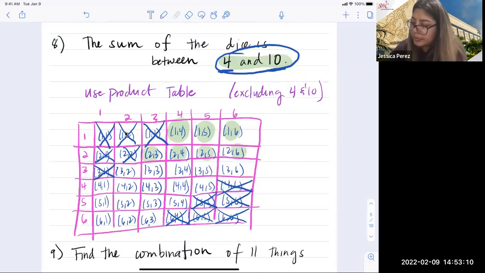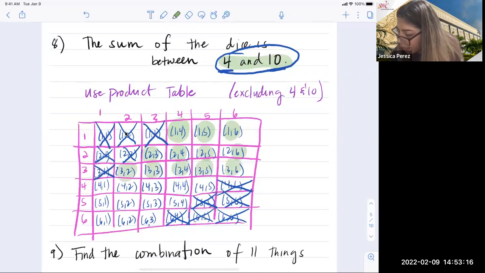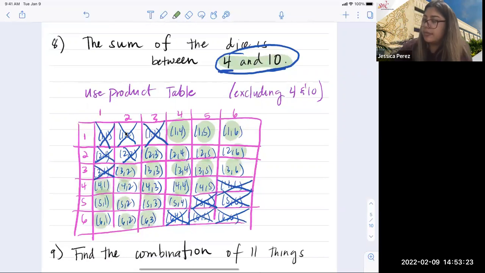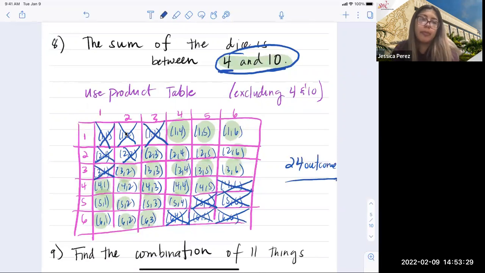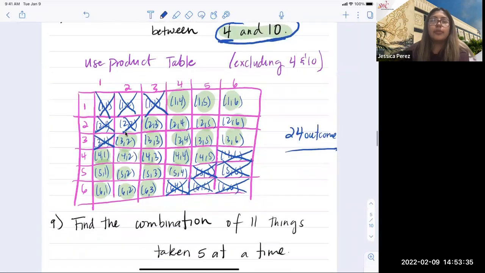We can't pick that one. Counting them up, there are 24 different outcomes for this one, excluding 4 and 10. So 24 outcomes.